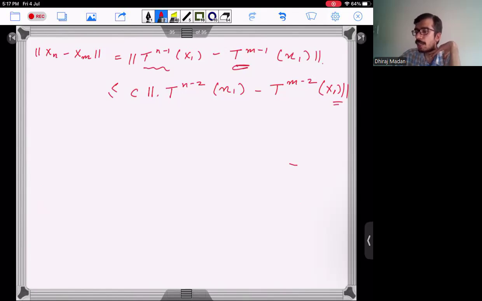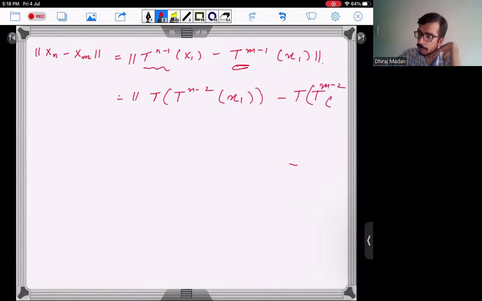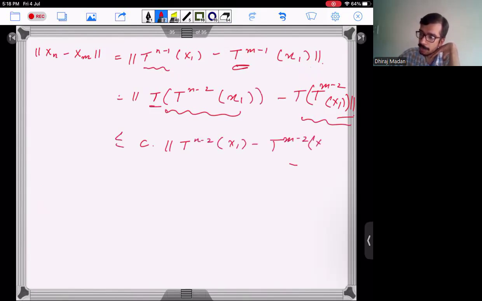So by the property of contraction mapping, okay, let me rewrite in more detail. This is equal to T acting n minus 2 times on x1 minus T acting m minus 2 times on x1. And now I apply the contraction property on T^(n-2) x1 and T^(m-2) x1, and I get that this is less than or equal to c times the norm of T^(n-2) x1 minus T^(m-2) x1.